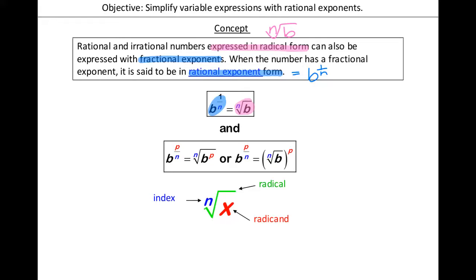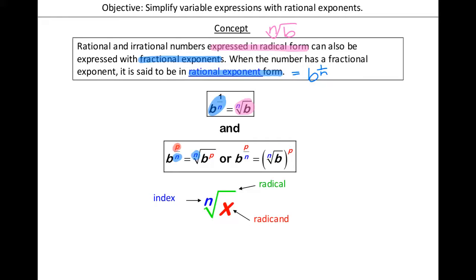Okay, and then we see the concept of what it means. If I ever have b to the p over n power, the denominator, the n, is your root or your index, like the nth root of b.